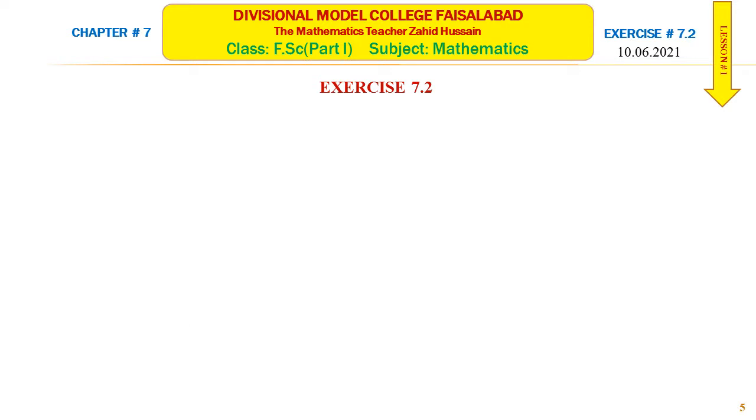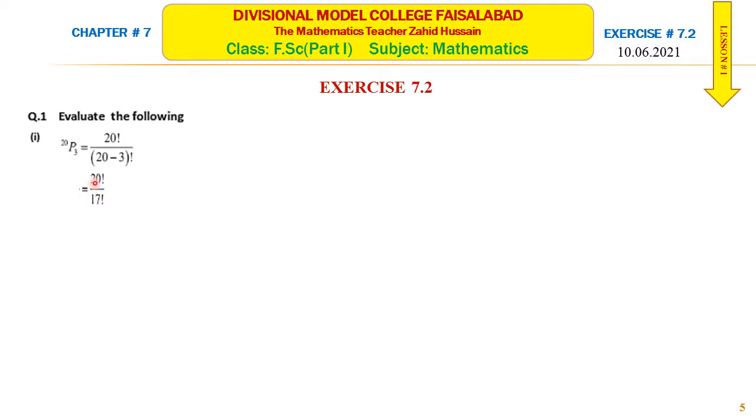Now let's solve some questions of exercise 7.2. Question number 1 is evaluate the following. This is 20P3, that is permutation of 20 objects taken 3 at a time. We know that its expansion is 20 factorial in the numerator, and in the denominator it is the factorial of the difference of these two numbers, 20 minus 3. So solving within the bracket, we get 20 factorial over 17 factorial.